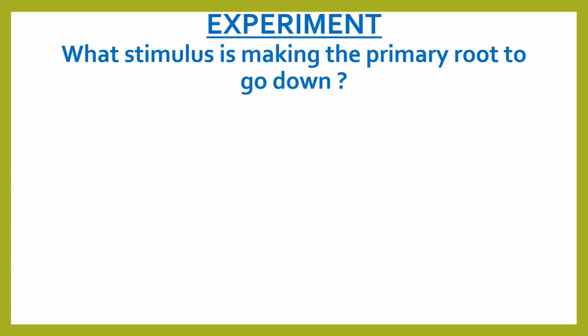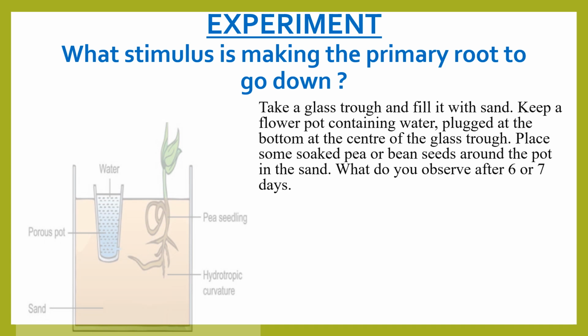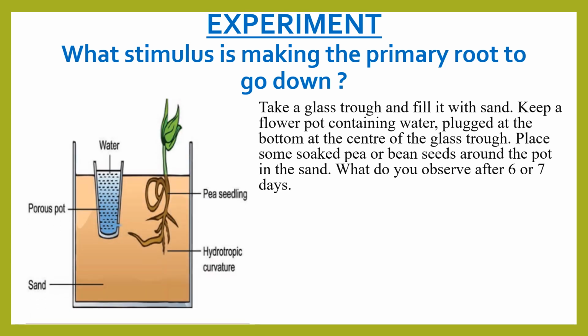Experiment. What stimulus is making the primary root go down? Take a glass trough and fill it with sand. Keep a flower pot containing water, plugged at the bottom, at the center of the glass trough. Place some soaked pea or bean seeds around the pot in the sand.